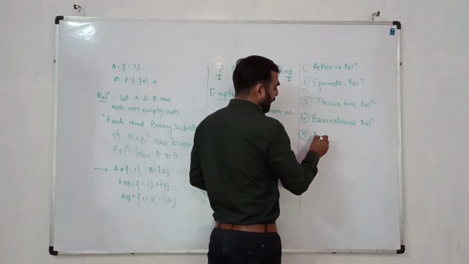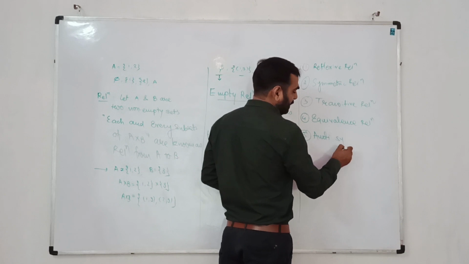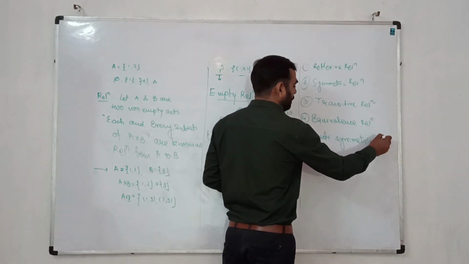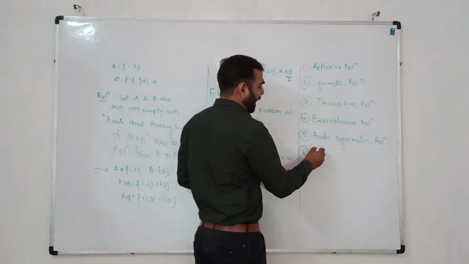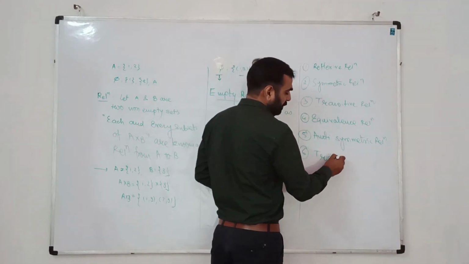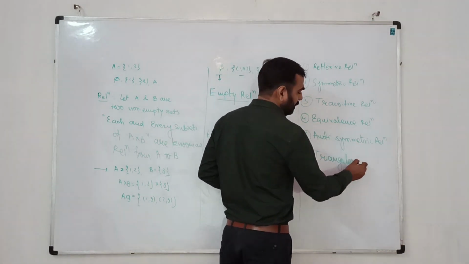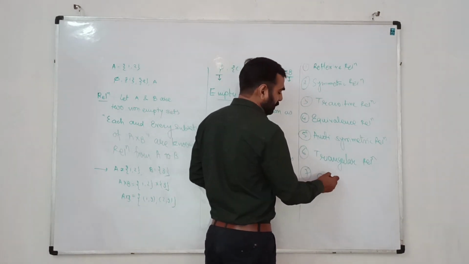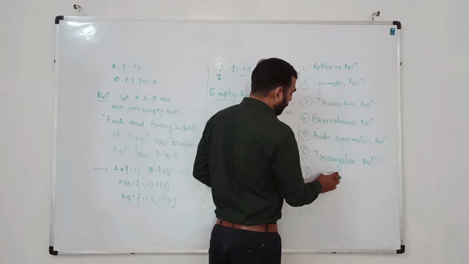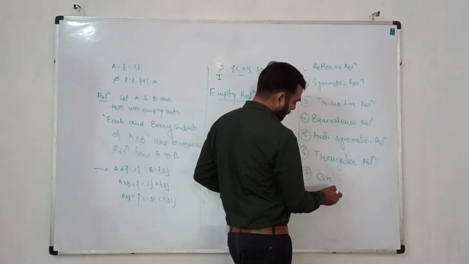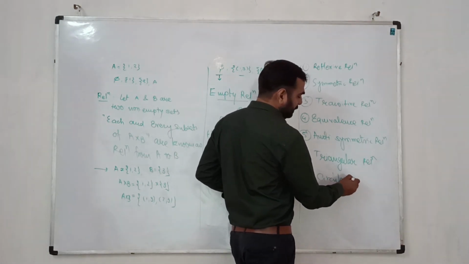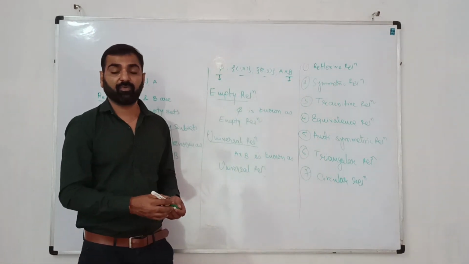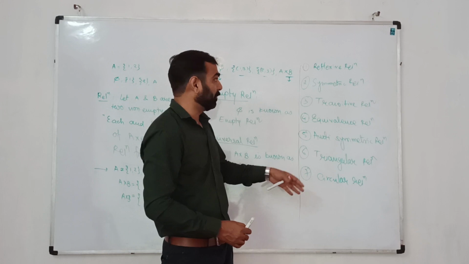Fifth one is anti-symmetric relation. Sixth one is triangular relation. And seventh one is circular relation. Okay, so these all are the types of relation we further discuss in the next topic.